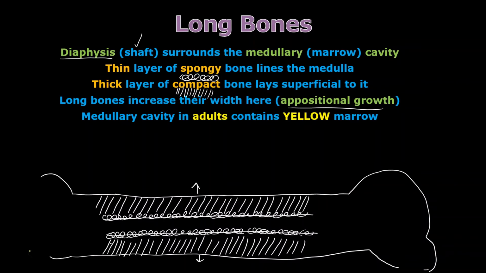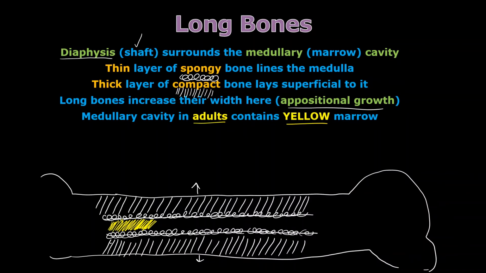Now, there are two types. If you're an adult, you will have had time to eat enough fat in your life to have stored it here. So most of the time in the pictures, you see yellow marrow inside of this marrow cavity or medullary cavity.